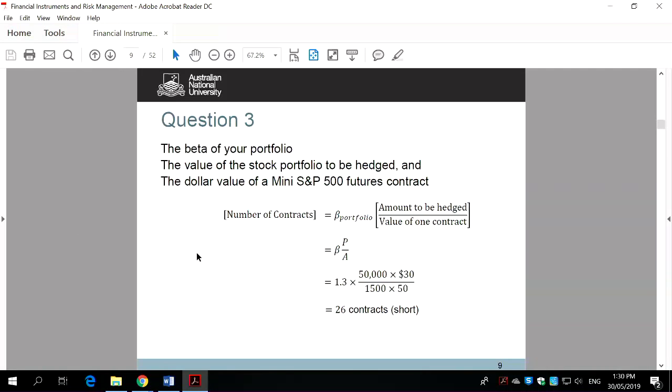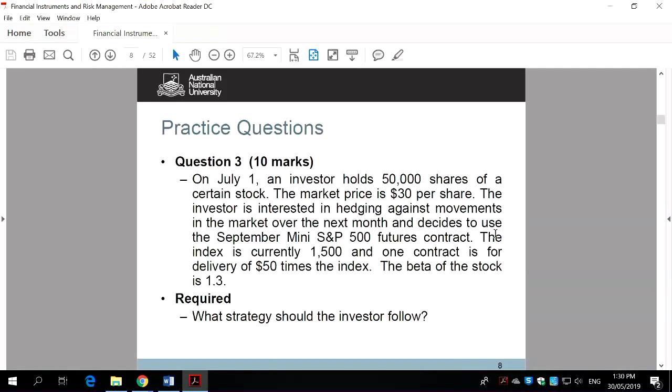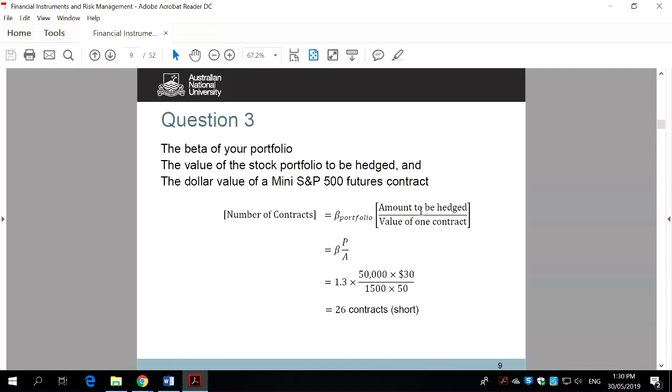So remember, this is the equation you learned back in week 2. Basically, the way it works is that we need to figure out what the numerator is, which is the amount to be hedged. The amount to be hedged is we're holding 50,000 shares, right? And each share is valued at $30. So 50,000 times 30 is the amount to be hedged, all right?